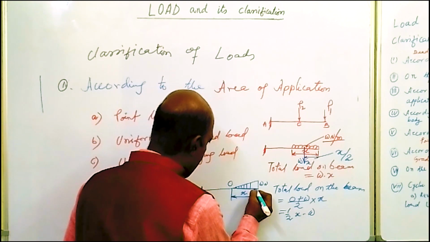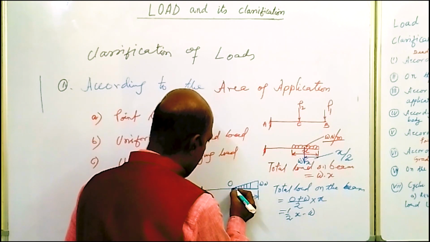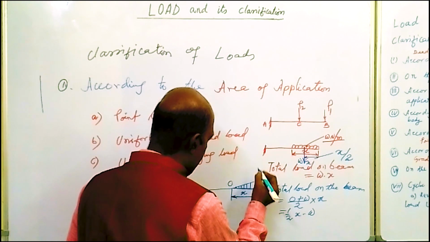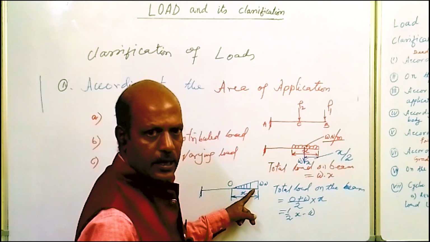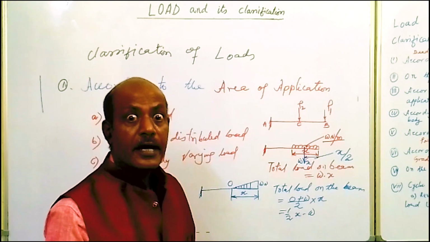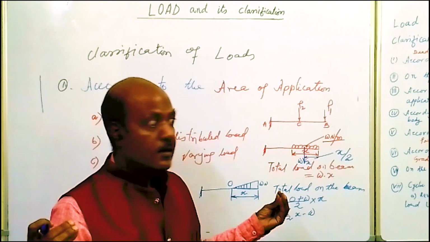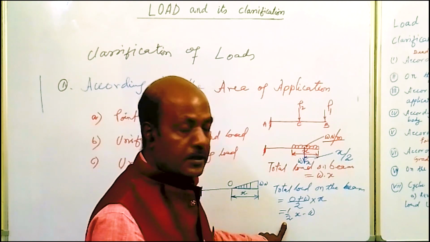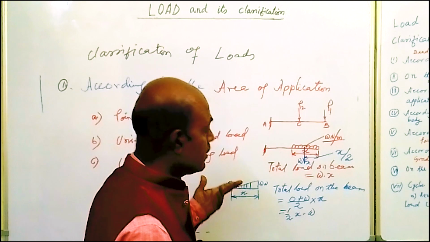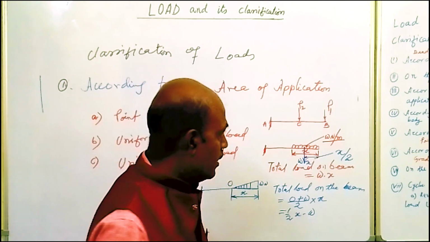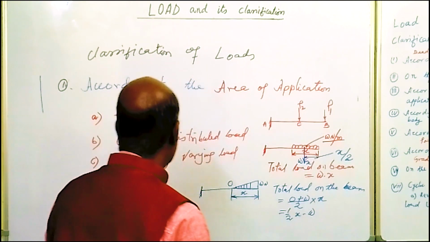This is the area of this triangular portion, half into base into height. So the total load acting on the beam is given by the area of the triangle, half into x into W. That's why this kind of load is also known as triangular load.